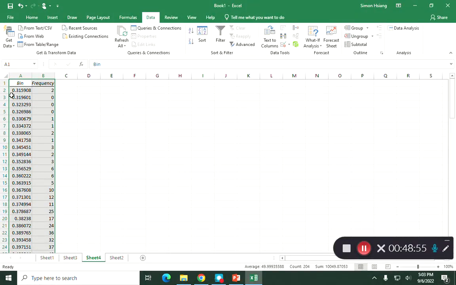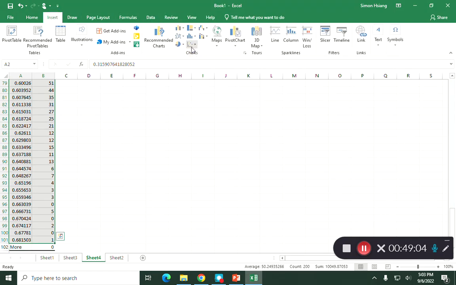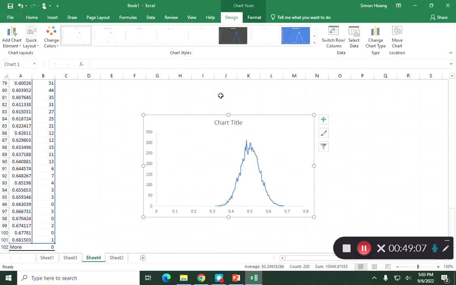If you look at the histogram, what did you see?